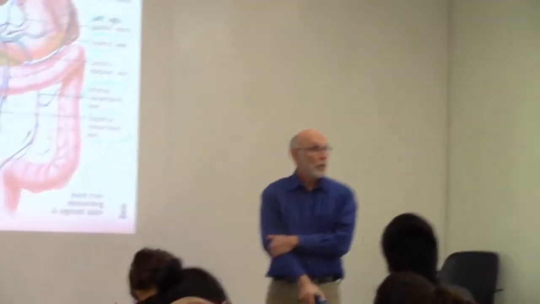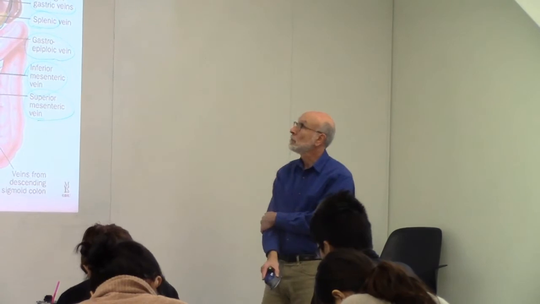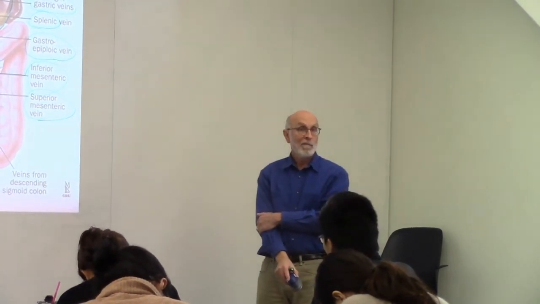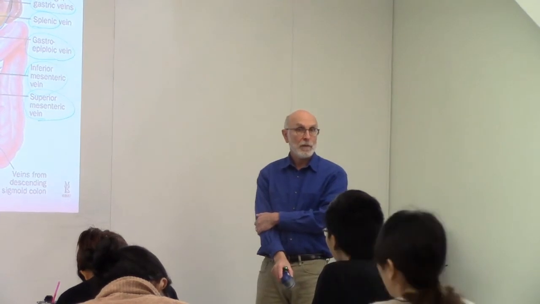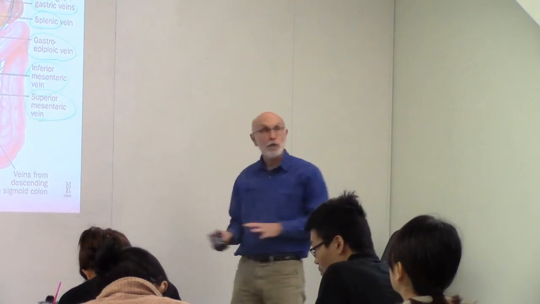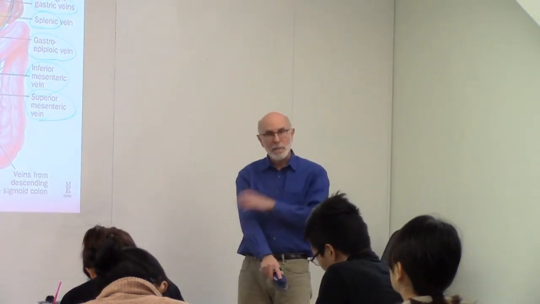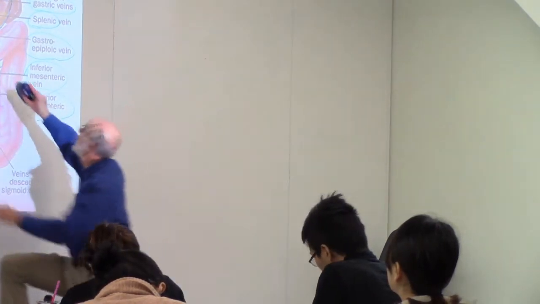Gastric veins will drain the stomach, and specifically the lesser curvature. Other questions? Remember, I've introduced the intestines already, but our main goal right now is to talk about blood flow to the liver. Arterial blood flow to the liver and venous blood flow to the liver.